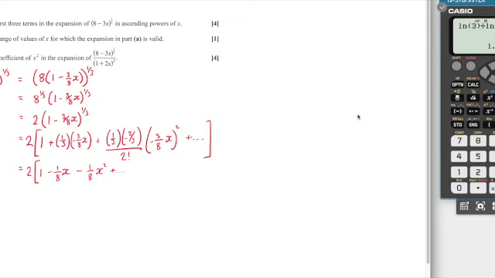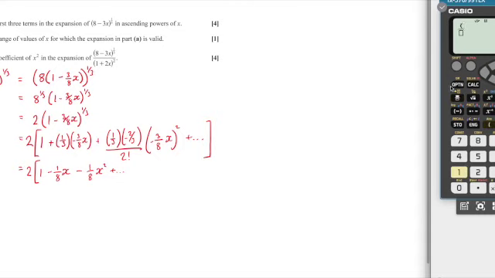I don't know why I'm being lazy, let's just double check that. Let's make sure, let's do this properly. So I've got a third minus 1. I've got 2 factorial on the bottom.